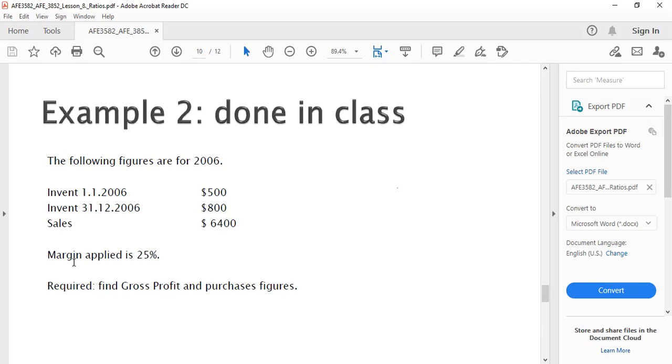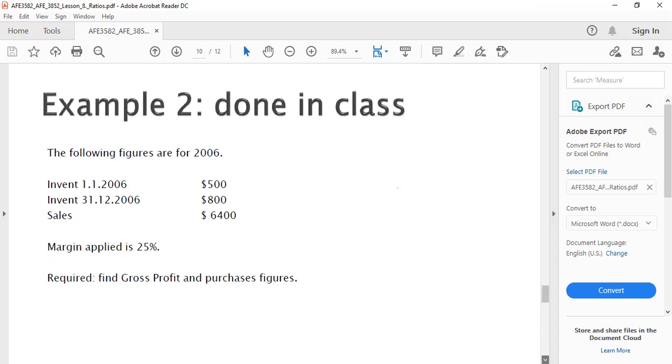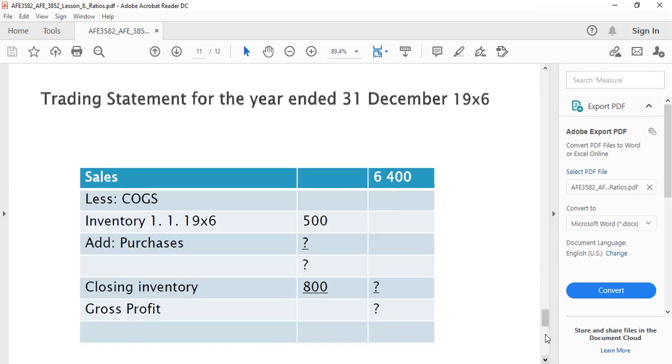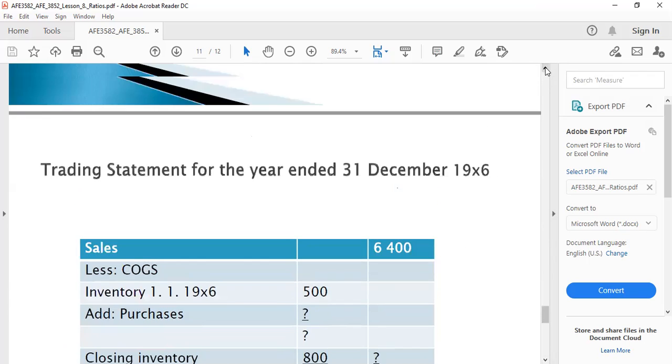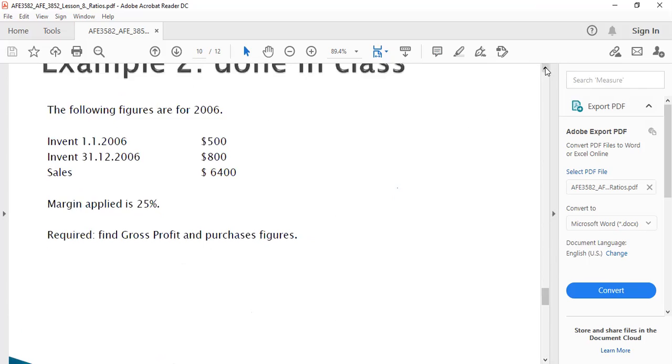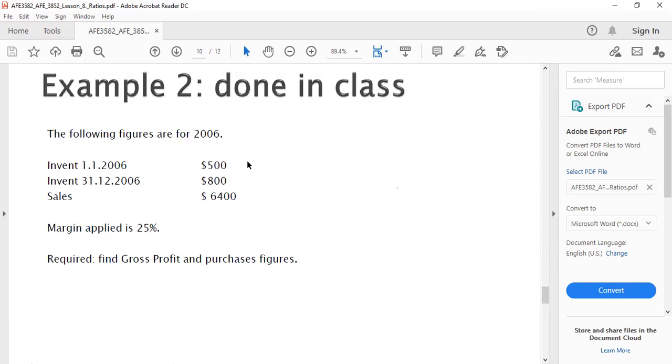So let's find our gross profit first. 6,400 times 25% is how much?